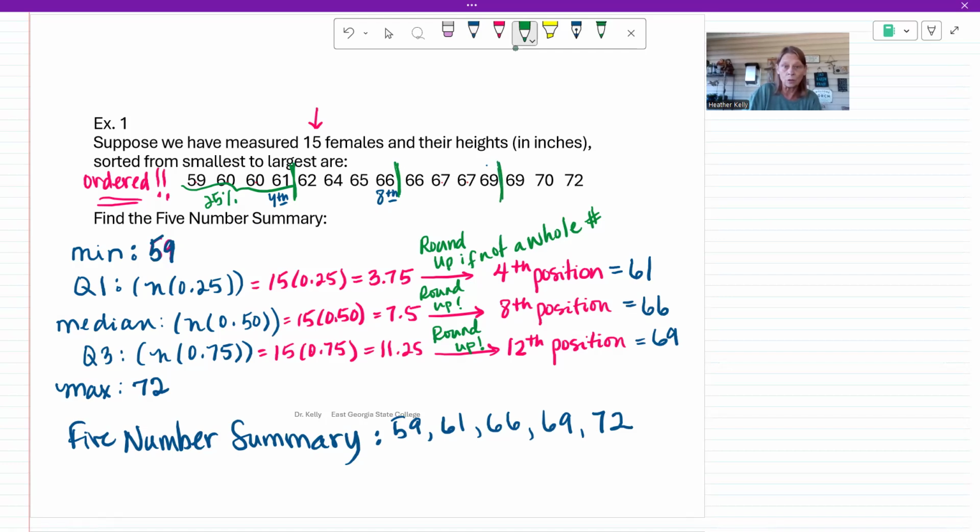So here, because there's 2 69s, that gives us the 75%, and then that takes us out to the full 100%. And it's not always evenly spaced. So don't be fooled by that, like, oh, there's only 4 numbers here, and then 4 numbers here, and then 4 numbers here. That is not the pattern. It comes from you computing what those values are in the data set. Remember, look here, we've got a couple of 66s, a couple of 67s, a couple of 69s. That certainly skews the data.